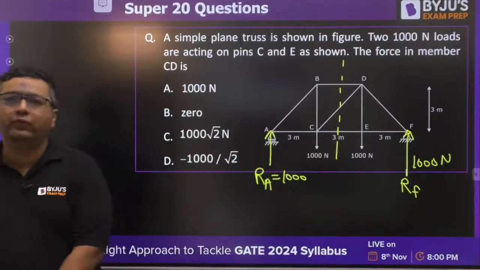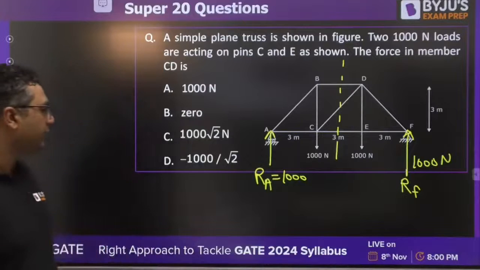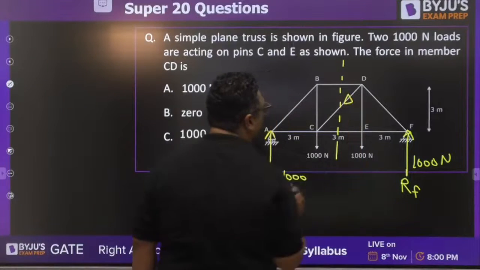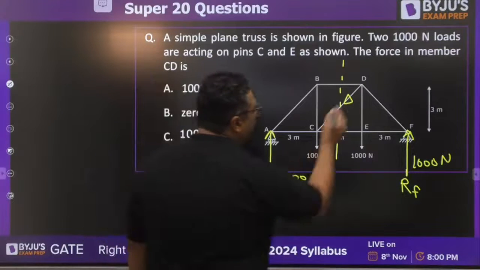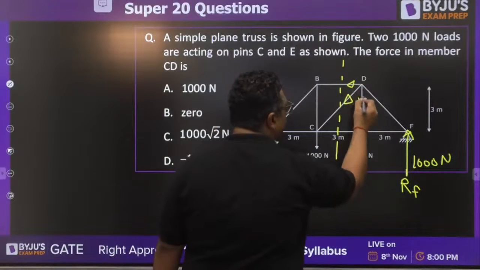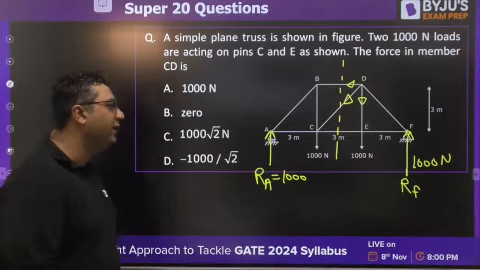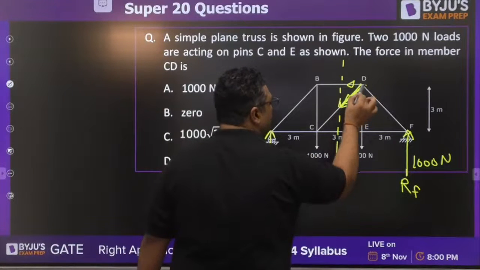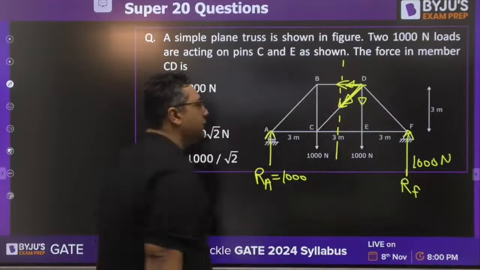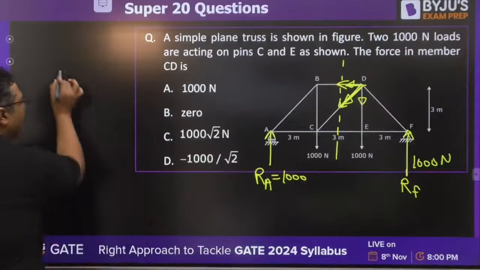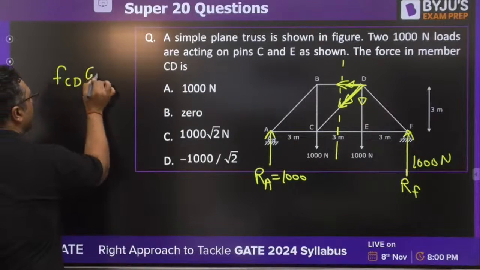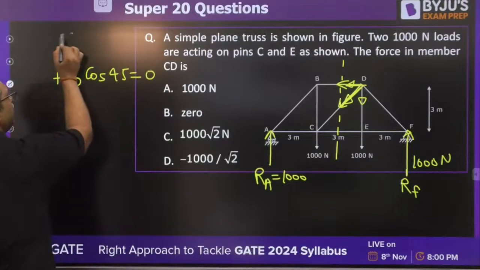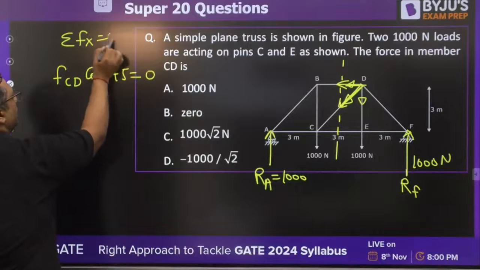Very good. Vineet, बहुत ही बढ़िया. So my dear, you know that in this member, if I assume the force to be like this, then you can take two components, and when you will be taking two components, you can say that in horizontal there is no other force. So you will find out FCD cos 45 to be 0 when you will be applying summation Fx 0.